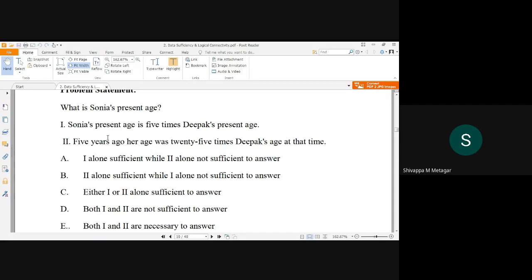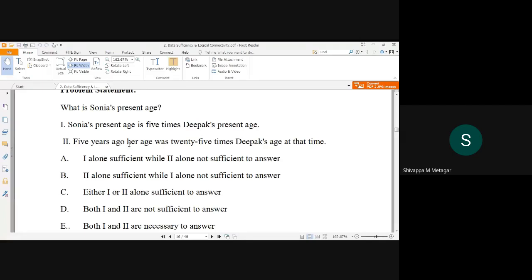Here, first you have to solve the first statement: Sonia's present age is 5 times Deepak's present age. Consider S as Sonia's age, equal to 5 times Deepak's age. It means S equals 5D. Then come to the second statement: 5 years ago.